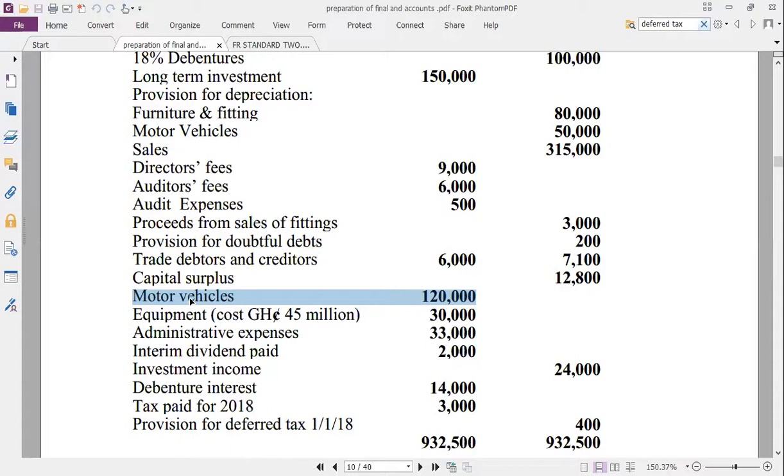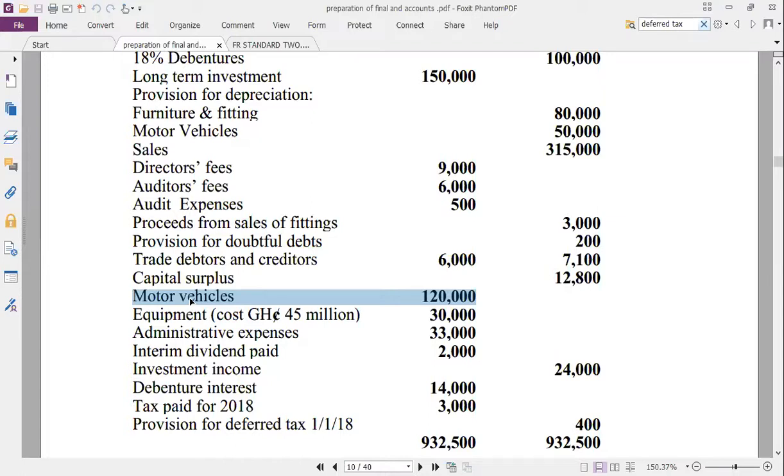So therefore, the motor vehicles, their cost is 120,000. We apply 20% on it. Good. That is it. And that will give us 24,000. Perfect.